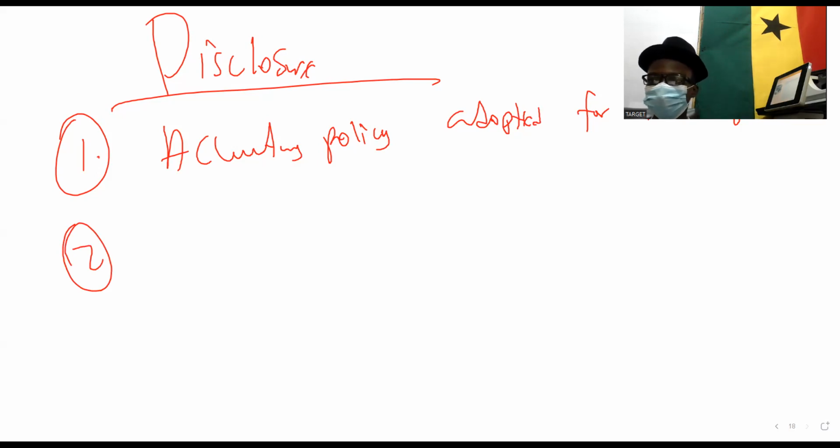Disclose that. Two, the nature and extent of government grants recognized in the financial statements. So here you disclose the nature of government grants.